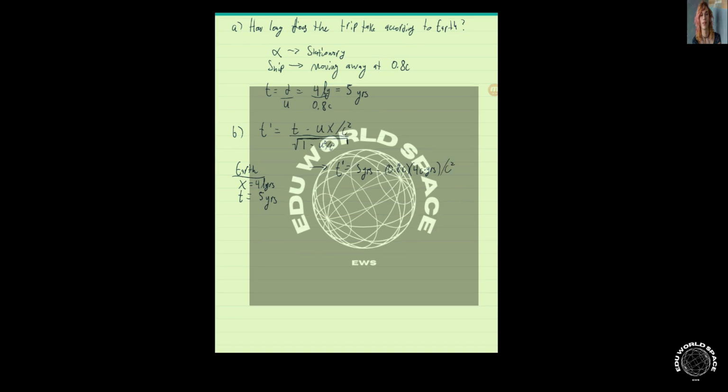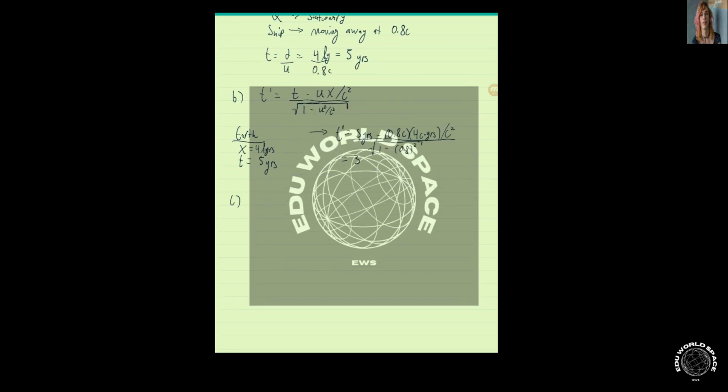Then we have divided by c squared, divided by the square root of 1 minus u squared over c squared, that's just going to be the same thing as 0.8 squared in this case. And that should evaluate to 3. So from the astronaut's point of view, it will take 3 years to arrive at Alpha Centauri.